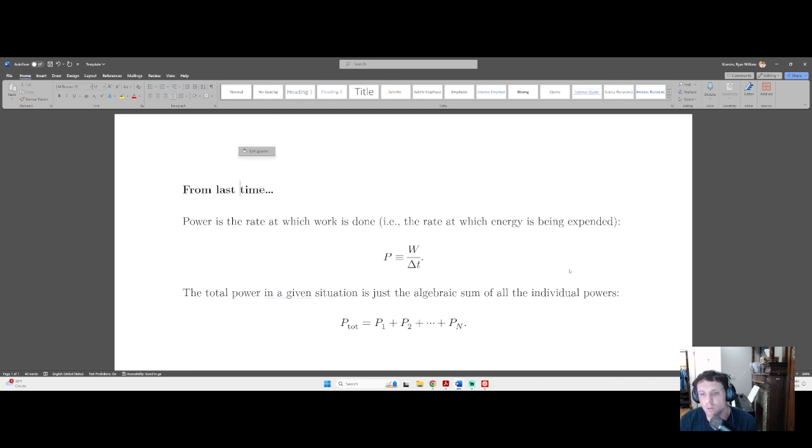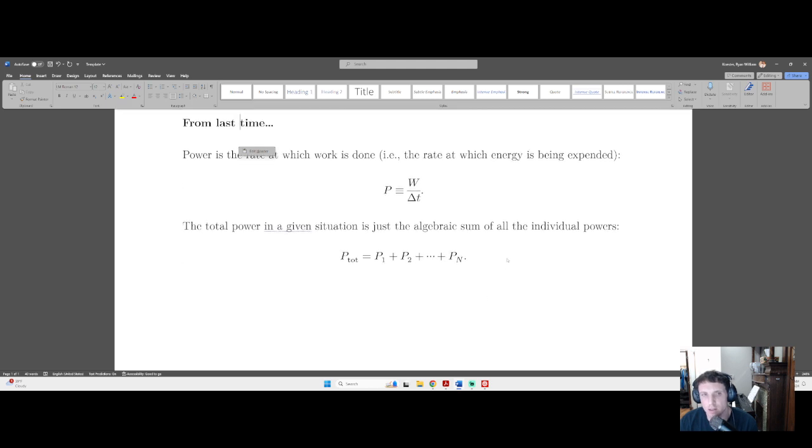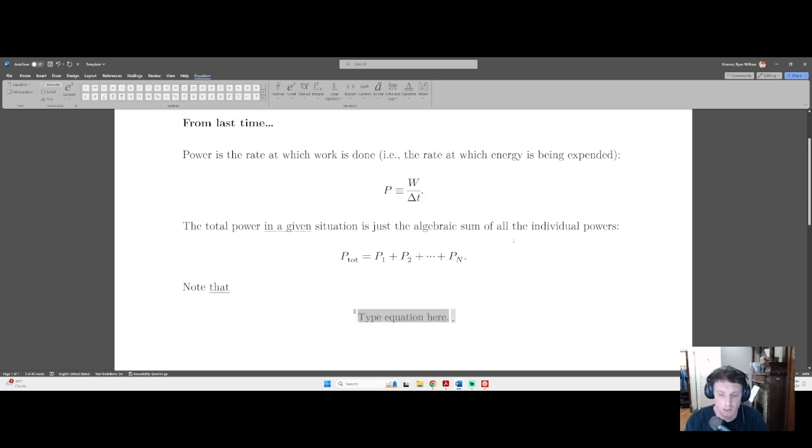So there is one other equation involving power that is useful to see, and I think you also need this for the homework. Let's just talk about one of these powers.